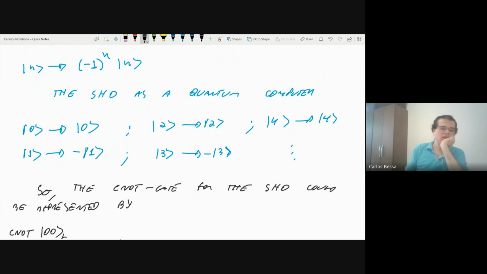So the equivalent here for the state would be the 0 state, n equal to 0, because its time evolution will always be 0, right? Never changes.